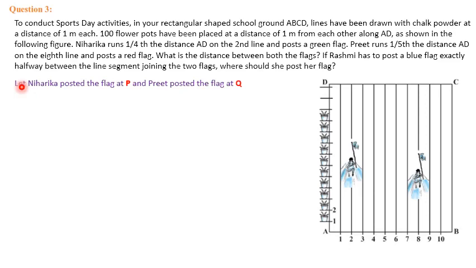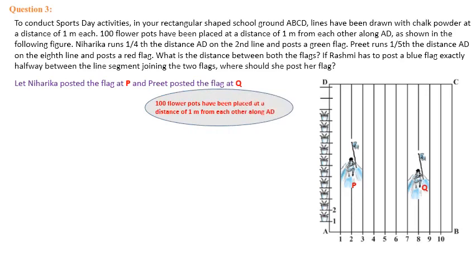This is the diagram given to you here. So here let Niharika post the flag at P, and this one we can consider as Preet, and Preet posts the flag at Q. So let us mark this P and Q in the diagram. Next, the condition is given: 100 flower pots have been placed at a distance of 1 meter from each other along AD.